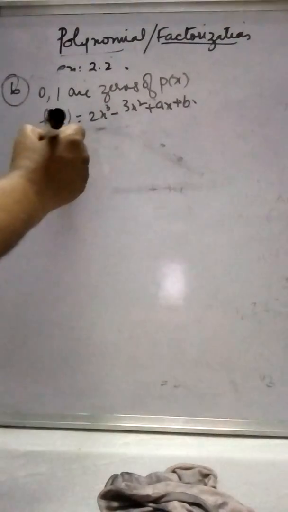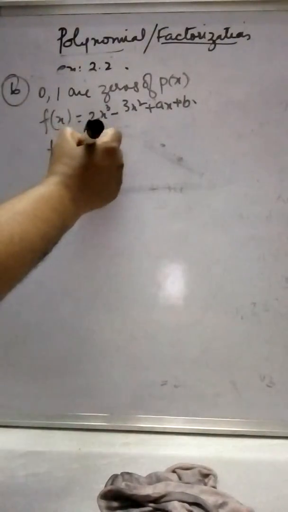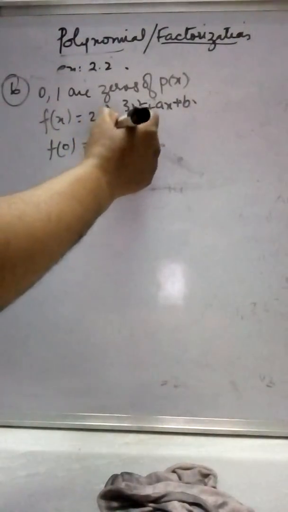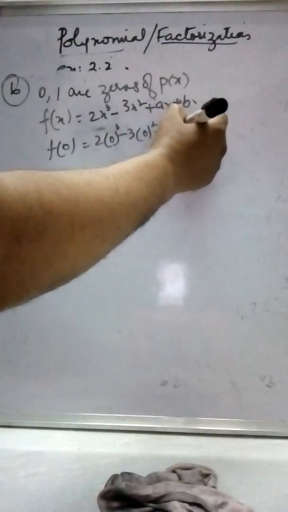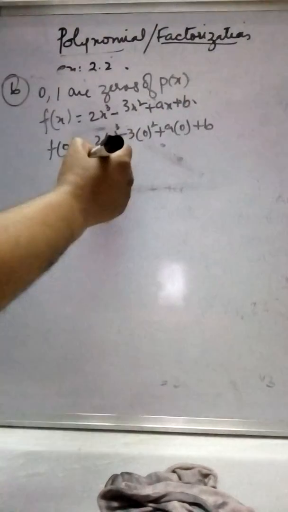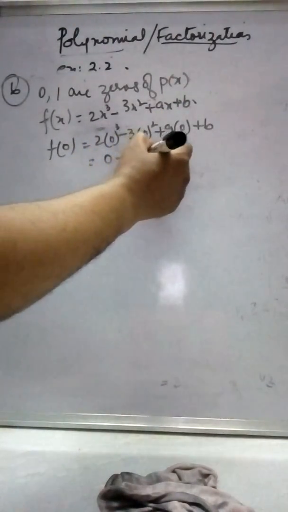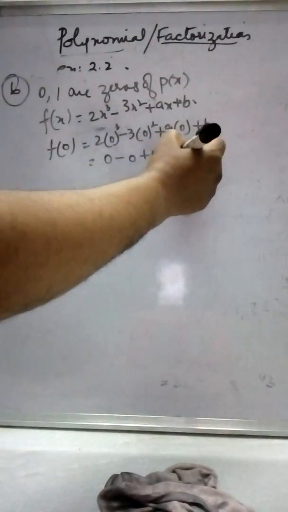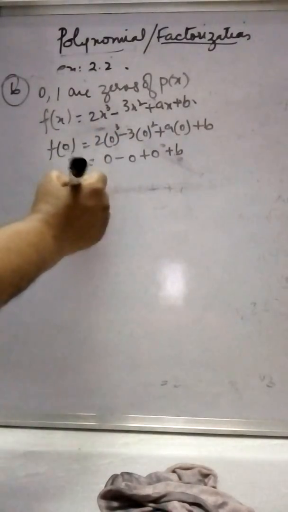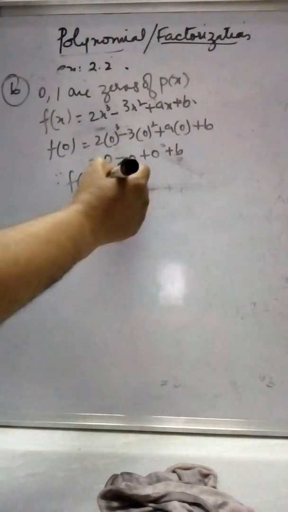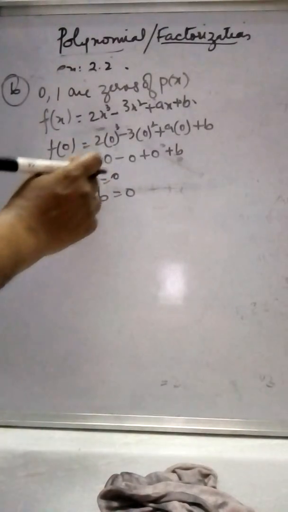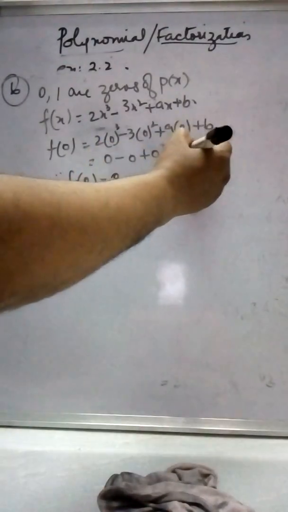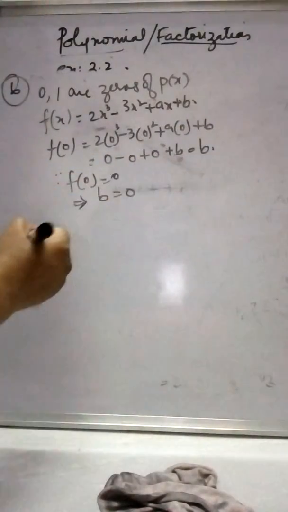First I'll take f of 0. f of 0 is equal to 2 into 0 cube minus 3 into 0 square plus a into 0 plus b. So this gives me 0 minus 0 plus 0 plus b. Since f of 0 is equal to 0, that implies b is equal to 0, since f of 0 is b. So b is equal to 0.